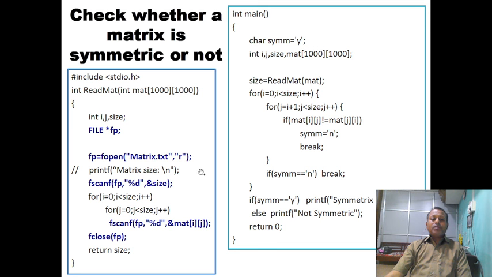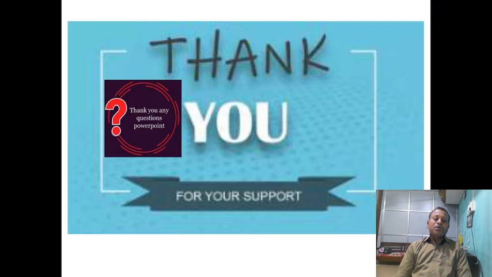After reading the values from the file and storing them, we can check the symmetry. This is a very simple example of a file handling problem. Now, thank you.